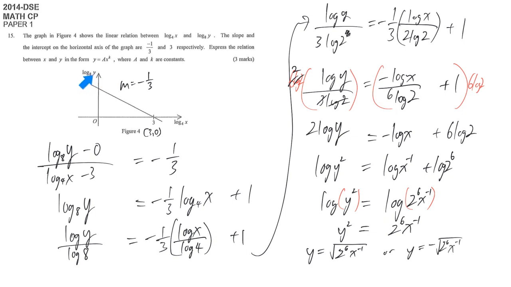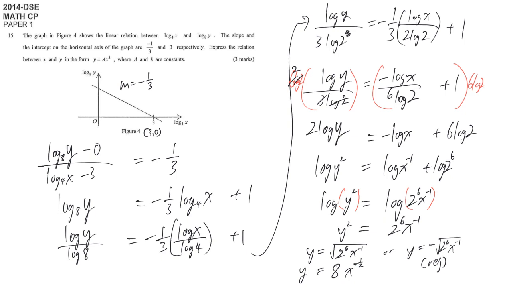However, what is inside log must be a positive value, otherwise it is undefined. So y, the input, can't be negative, so this is rejected. And our answer is y equal to 2 to the power 3, which means 8, and then x to the power of negative 1 over 2. So we successfully answer y in this format, where a is 8 and k is negative 1 over 2.